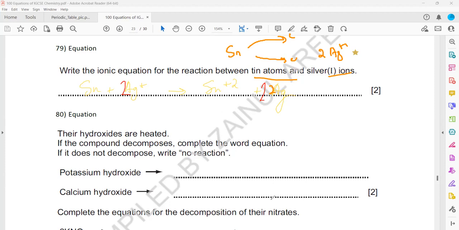Whenever you're completing an ionic equation for metals, for example, take magnesium reacting with copper 2+.